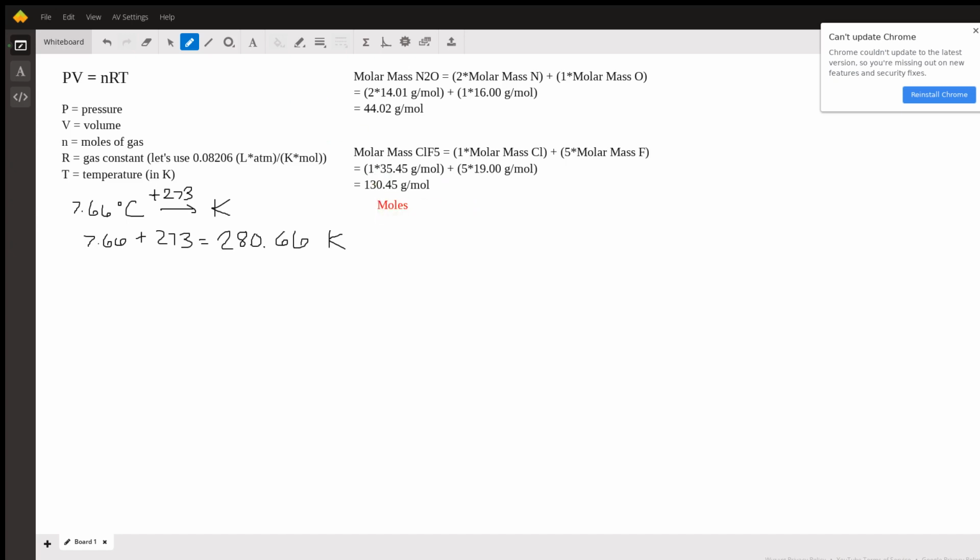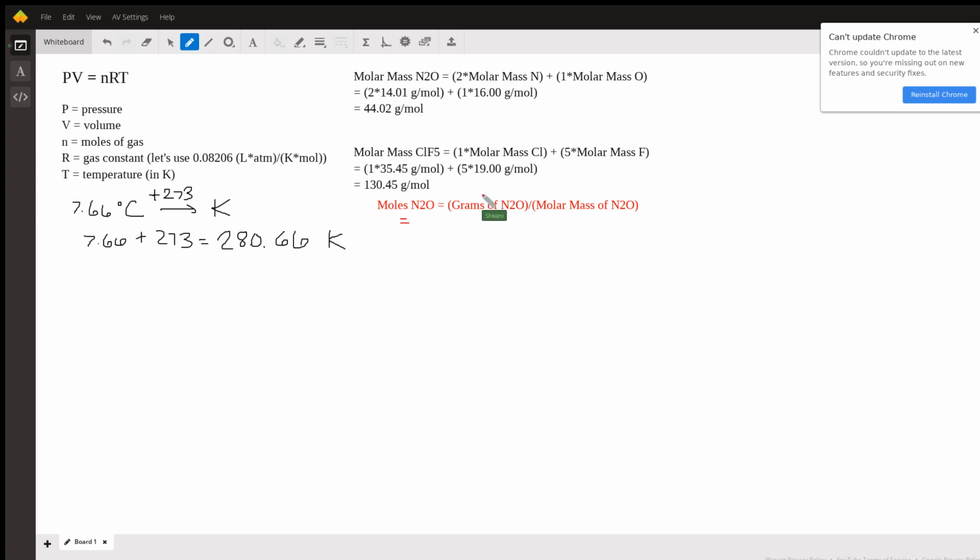The moles of N2O is equal to the grams of N2O divided by the molar mass of N2O. So this would be 4.90 grams divided by 44.02. I'm going to show it this way just so that you can see the units cancel out.